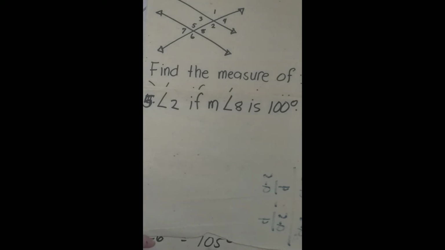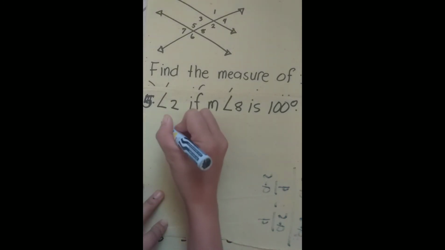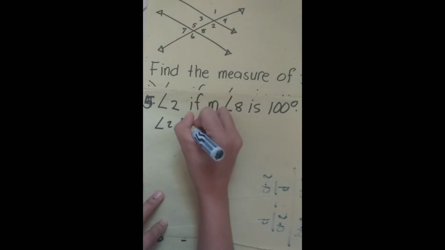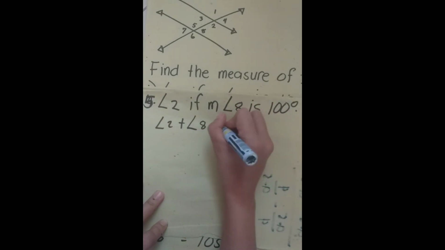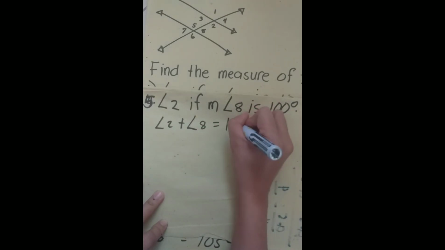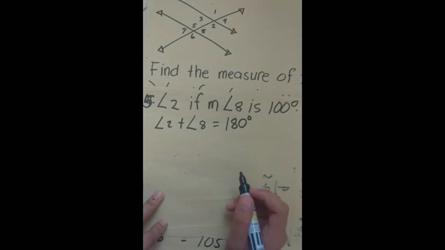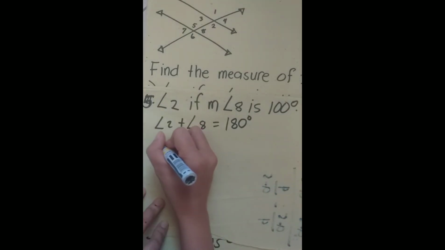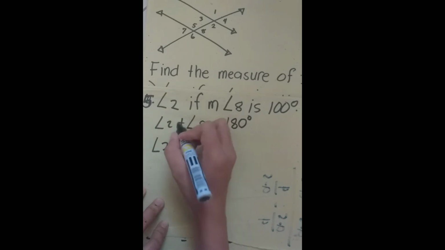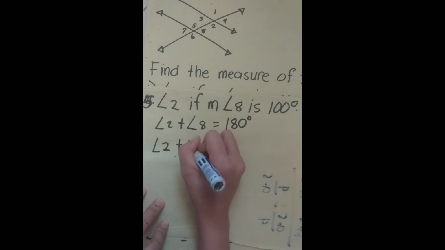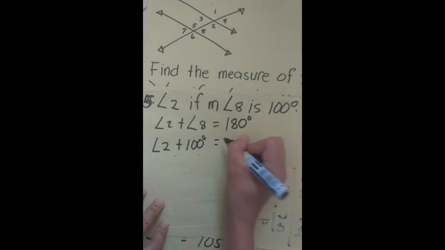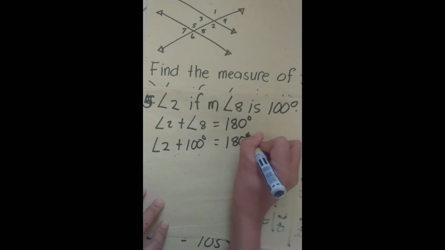So angle 2 plus the measure of angle 8 equals 180 degrees because they are supplementary. And we have here angle 2 plus 100 degrees equals 180 degrees.